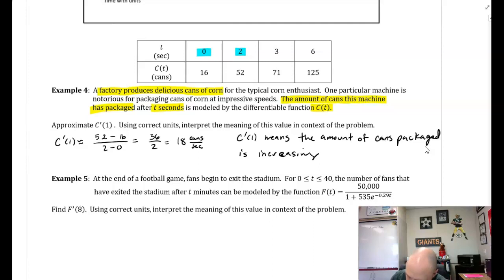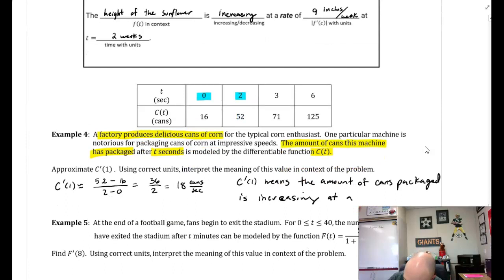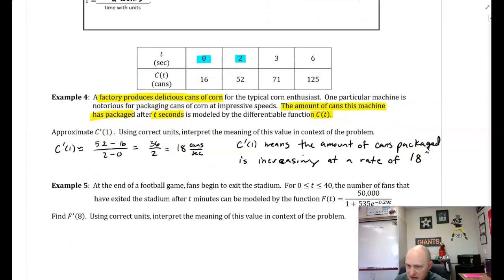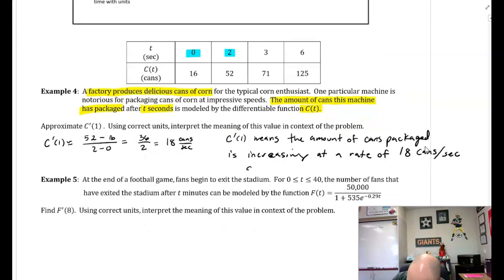Increasing at a rate of, make sure you include that word, rate, at a rate of 18 cans per second, at t equals 1 second. Okay, and there you have it.